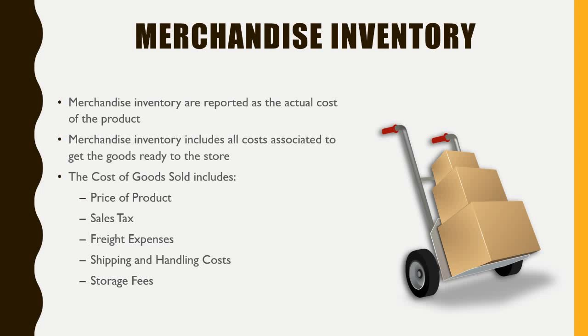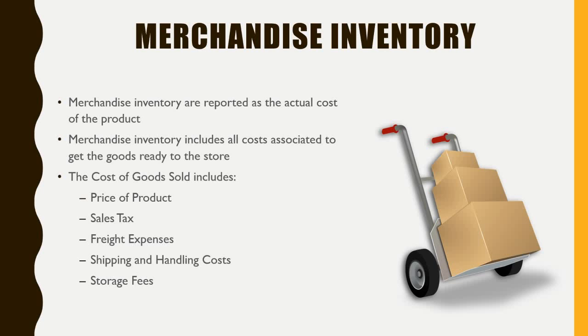Now, this is review: what is included when it comes to inventory. What you will often see included in the cost of goods sold is the original purchase price of the items, any sales tax you have to pay, and any freight expense, which is also known as regular shipping. But you may incur shipping and handling fees.